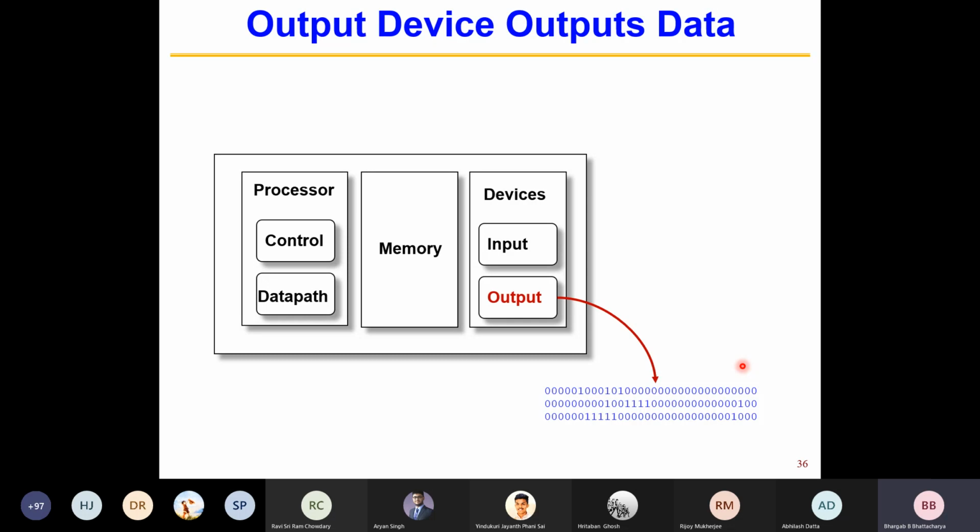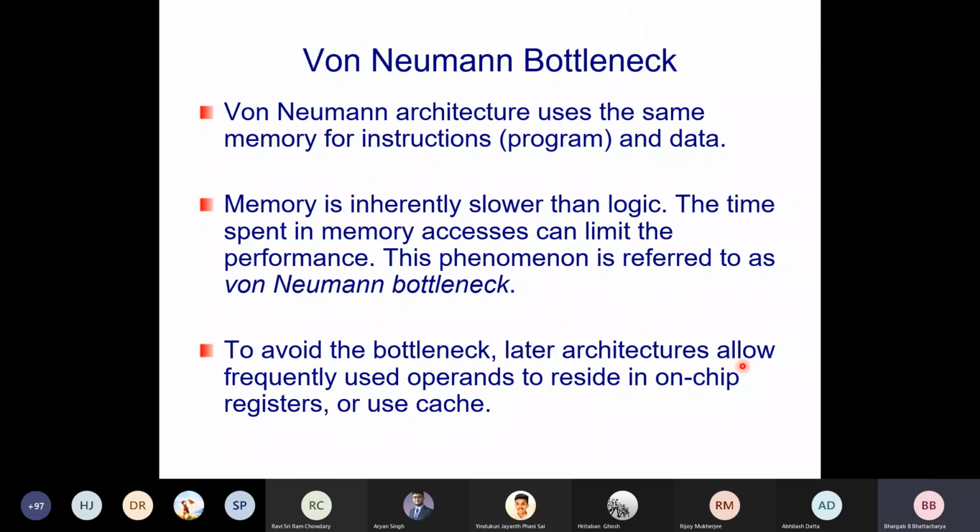All right. So now, I tried to give you an overall structure of the von Neumann architecture. Now it has a certain bottleneck. One thing is that in this architecture, the same memory is used for instruction and data. And notice that memory is inherently slower than logic because of the technology.